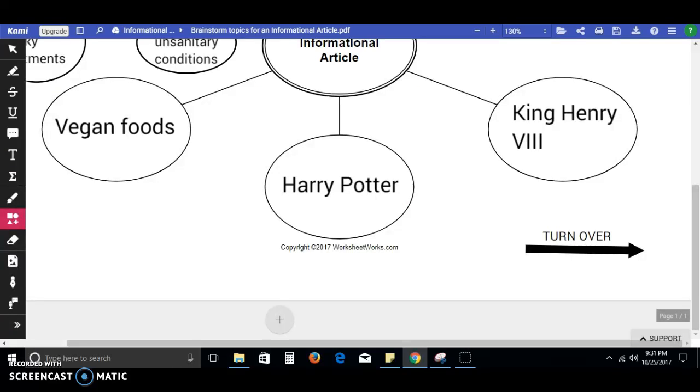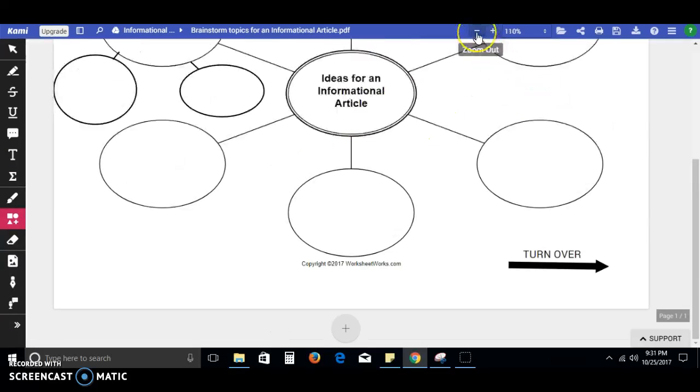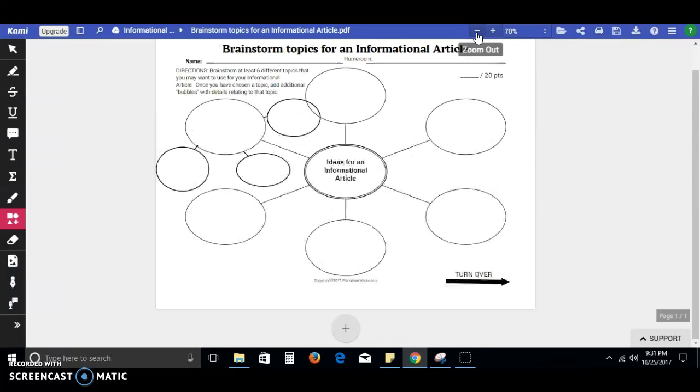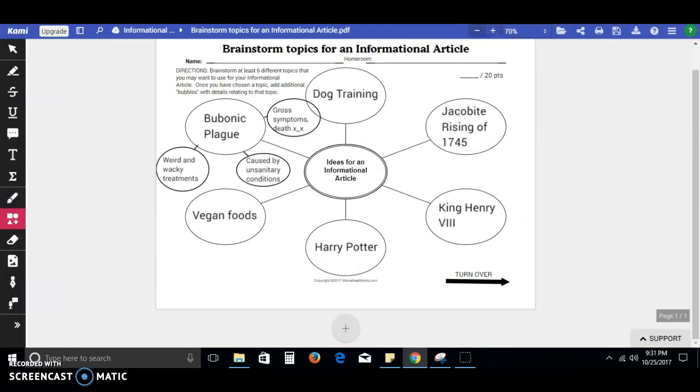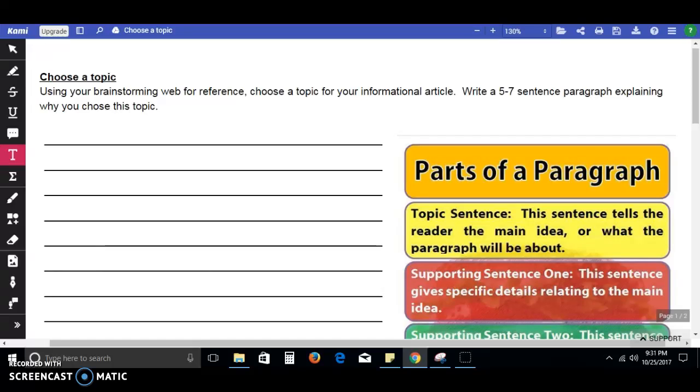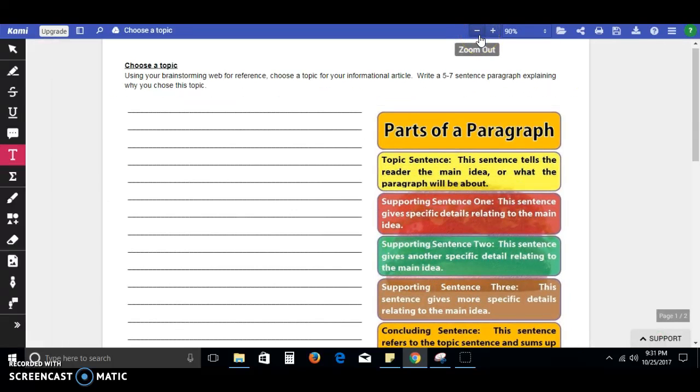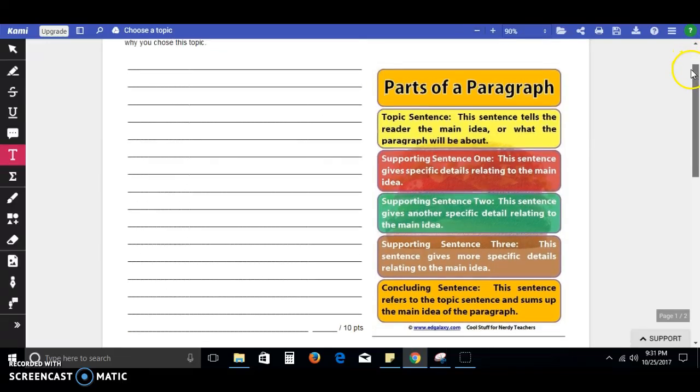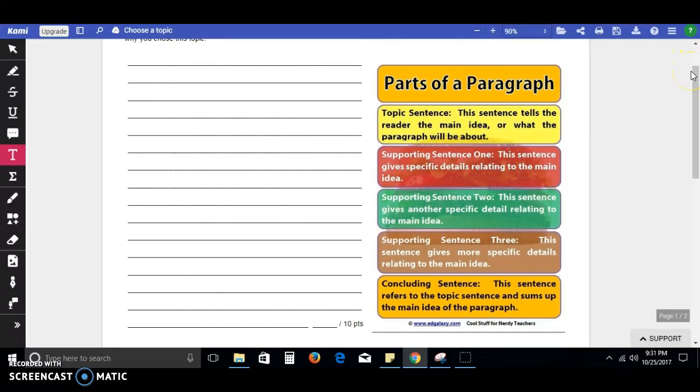So you're going to be using this handy dandy handout that you just worked on to write your paragraph. And if for some reason you've bumped your head and forgotten how to write a paragraph, I have added this lovely cheat sheet to remind you of the parts of a paragraph.